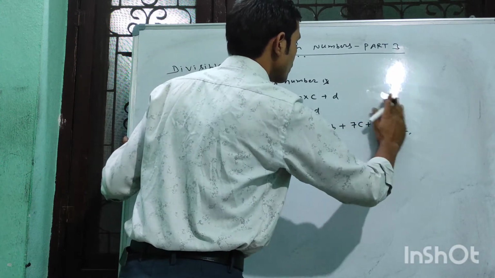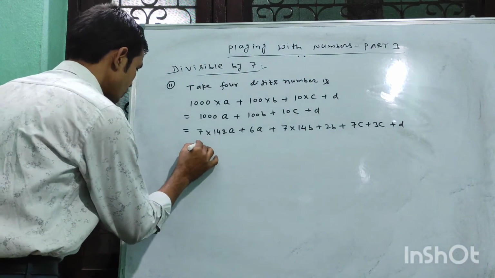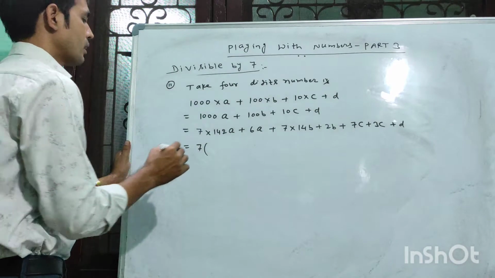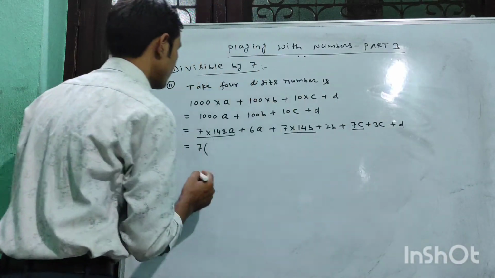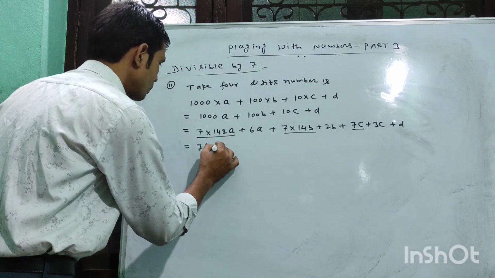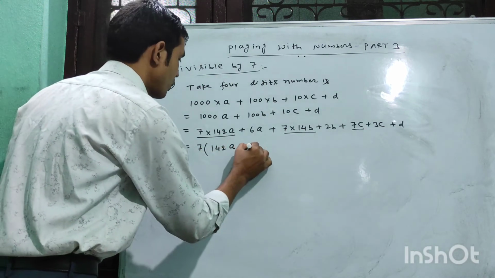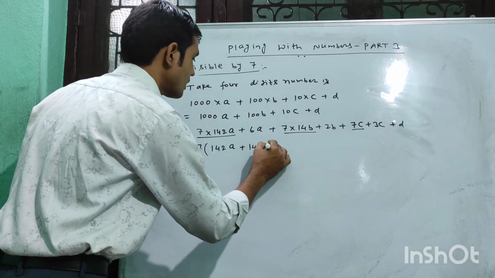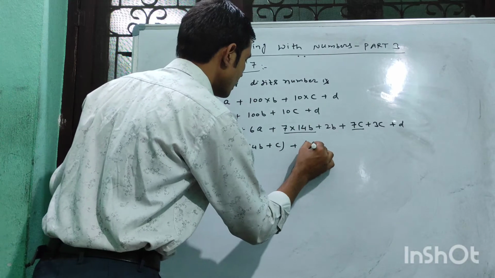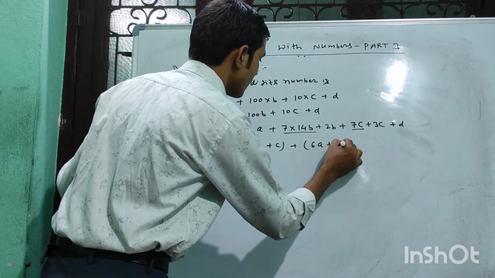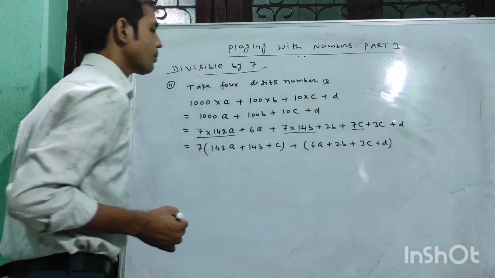And one more, we have D. Then take 7 as common from these terms. Here, what will you write? 142A plus 14B plus C. The remaining term is 6A plus 2B plus 3C plus D.